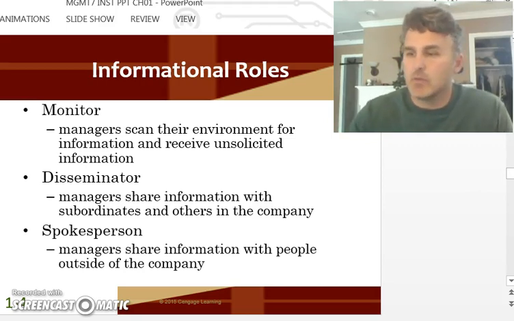Like if you're a purchasing manager and you have vendors, and you go and meet those vendors and associate with them, there's some of that where you're the spokesperson. You're actually speaking on behalf of your company and your department.